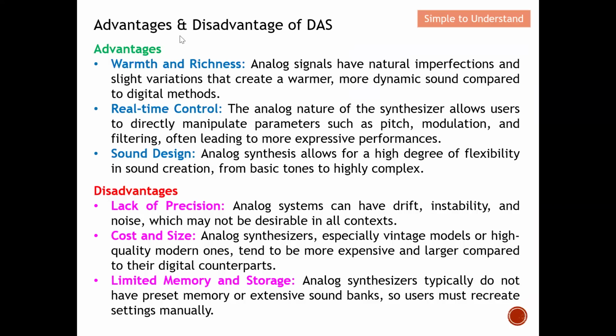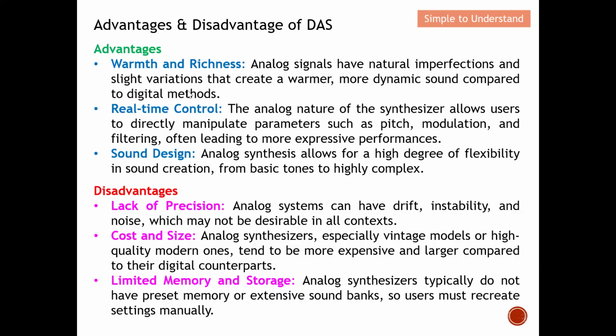Let's continue. Let's come to the advantage and also the disadvantage of using this direct analog synthesis. The warmth and the richness, which I have always emphasized for this video. DAS is still widely used in the music world. The analog signal has natural imperfection and slight variation that create a warmer, more dynamic sound compared to the digital method.